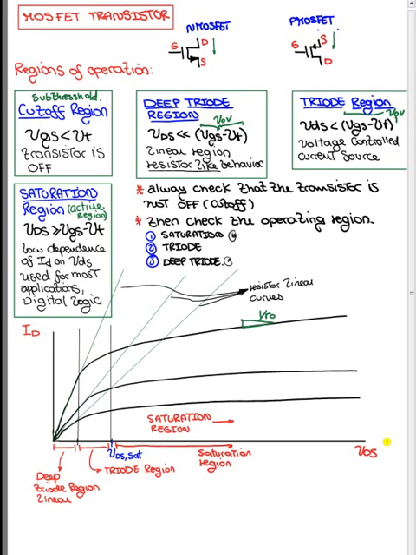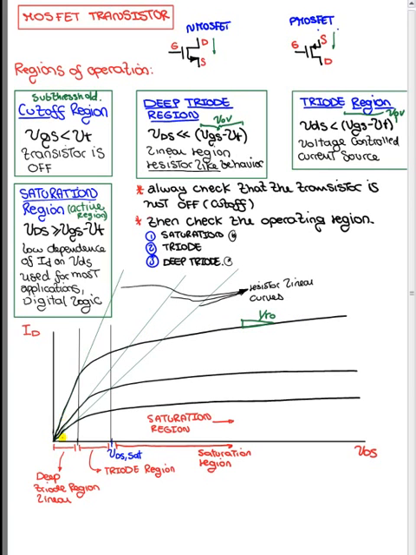Here is the deep triode region, or the linear region. You can see it's the smallest of the three. Then you got the triode region, and once you pass that overdrive or saturation voltage for the drain to source voltage, then you go into the saturation region. And here is the little slope, right, that is given by the channel length modulation.